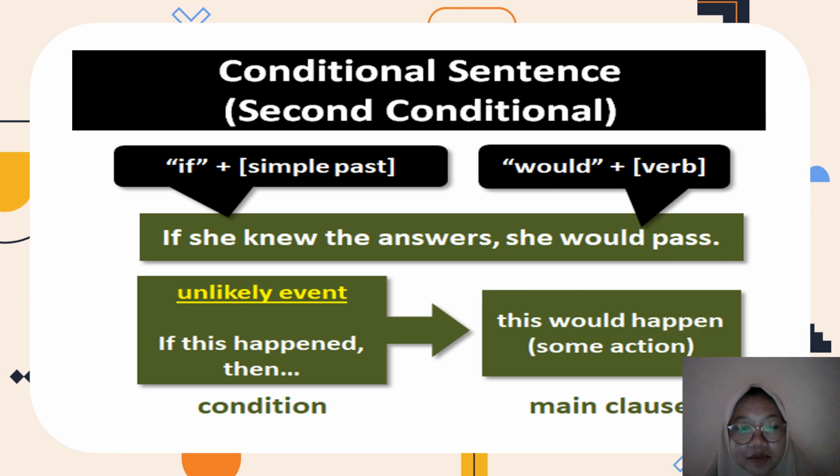So here's the example. If she knew the answer, she would pass. So if this happened, then the condition is if she knew the answer, and then this would happen. The main clause is she would pass.